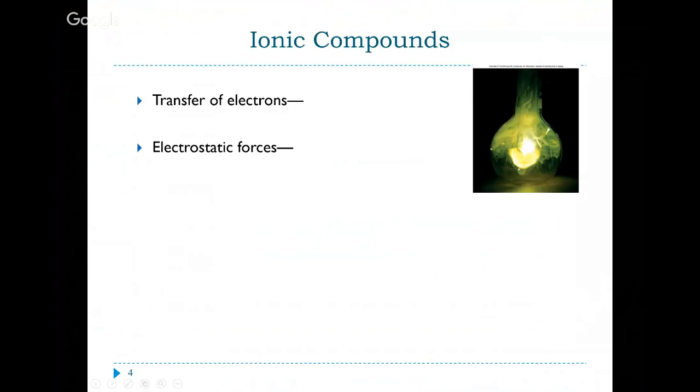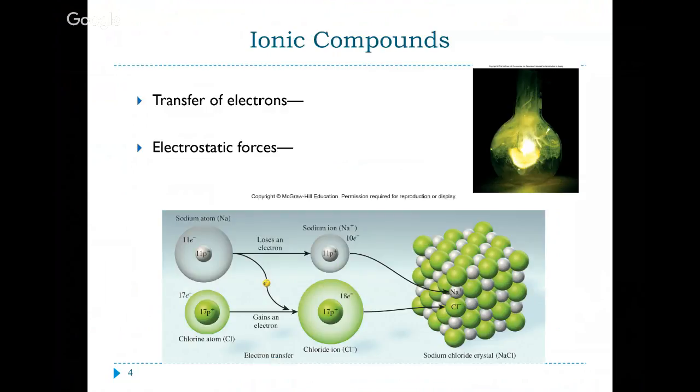Over here, I'm showing a piece of sodium being burned in chlorine gas to form sodium chloride. So what's happening? Well, sodium atomic number 11, we start with 11 protons, always, and 11 electrons. Chlorine atom starts with 17 protons, always.